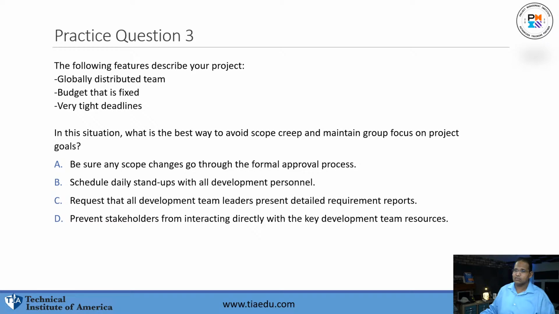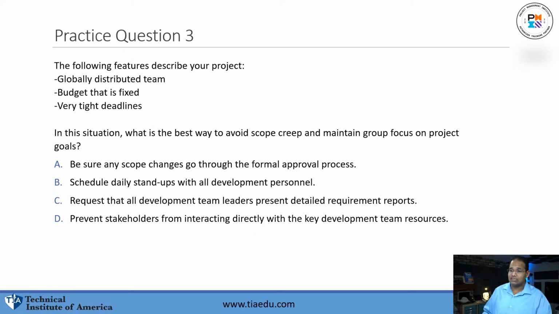Let us go to practice question number 3. The following features describe your project: globally distributed team, budget that is fixed, very tight deadlines. In this situation, what is the best way to avoid scope creep and maintain group focus on project goals? A, be sure any scope changes go through the formal approval process.